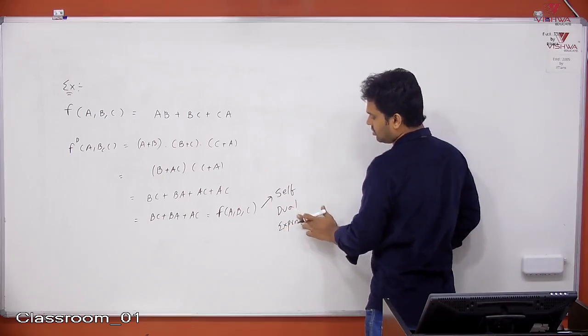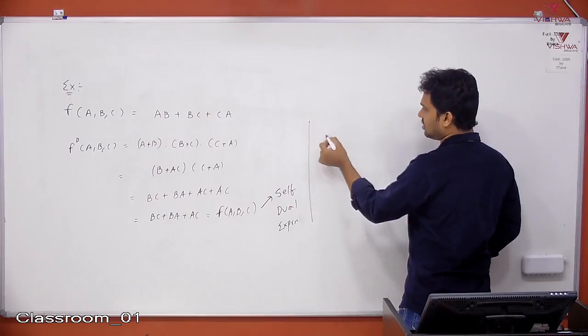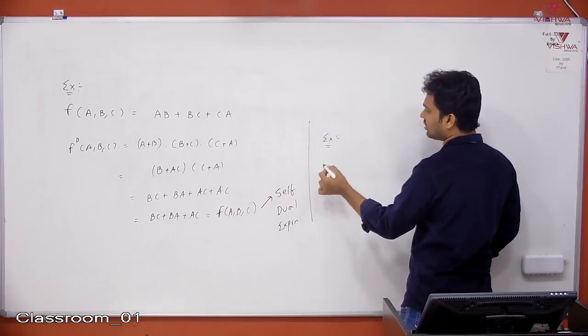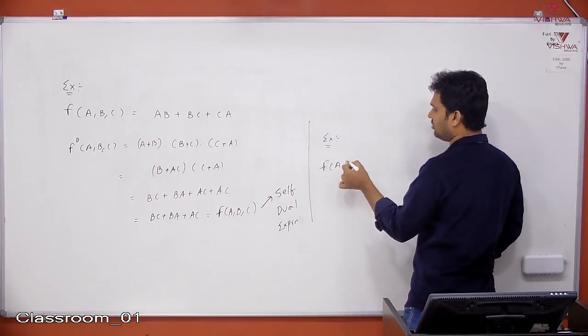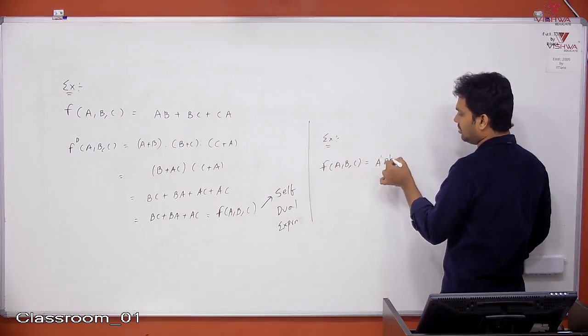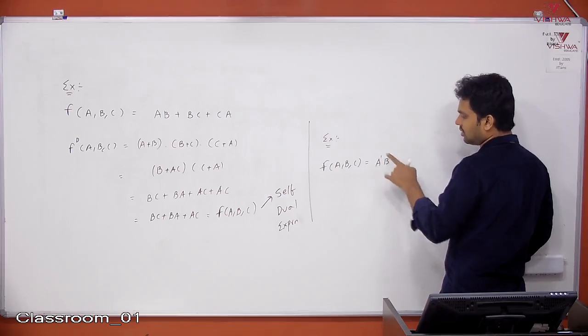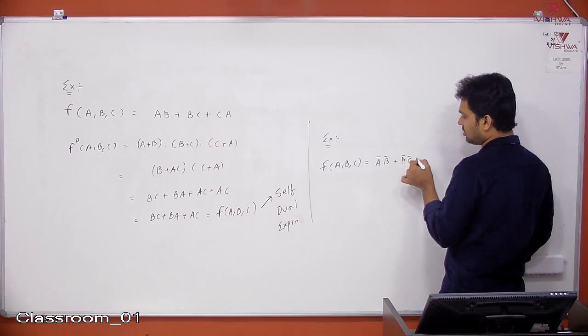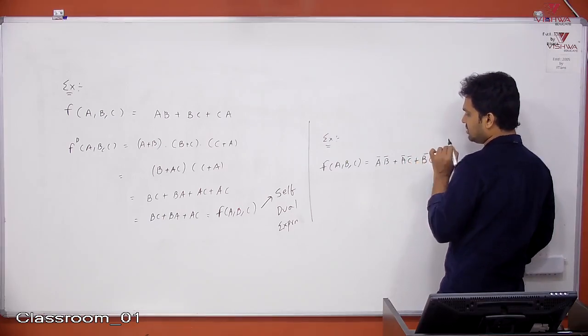If you want another example, you can check. F of ABC equal to A bar B bar plus A bar C bar plus B bar C bar.